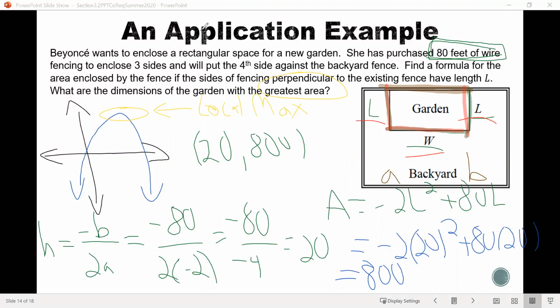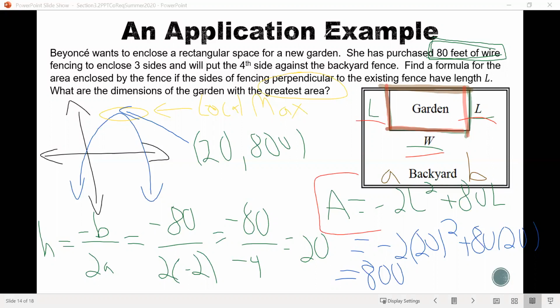This is where it becomes really important that we understand what inputs and outputs are and how they're not always x's and y's. So this (20, 800) is the coordinates of the vertex for our function. But what do they represent? In order to answer that, we need to think about what our inputs and outputs are for this function.